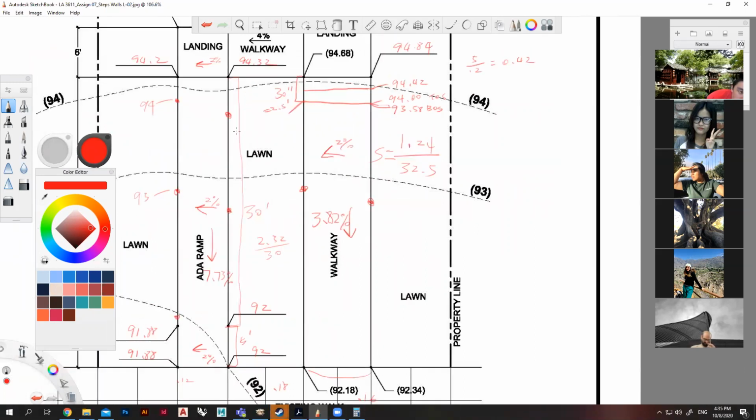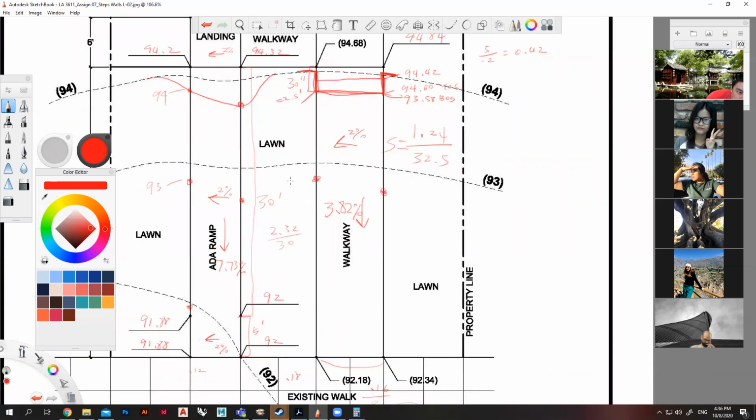So after that, we just connect the dots. So 94, and then you get back to 94, and then it's gonna come up here, and then where's 94? 94 is on the top of this there. So it probably will look like that. And then 93.